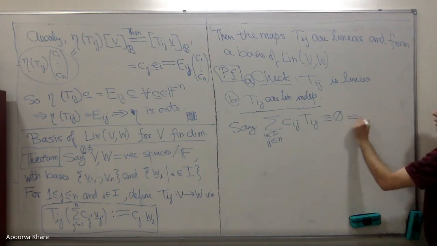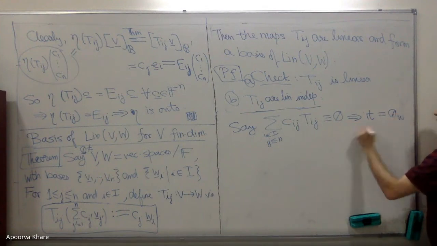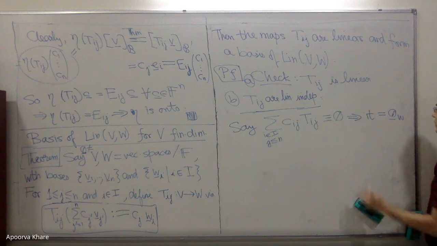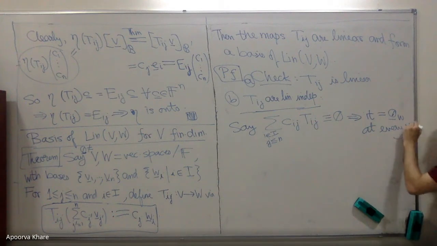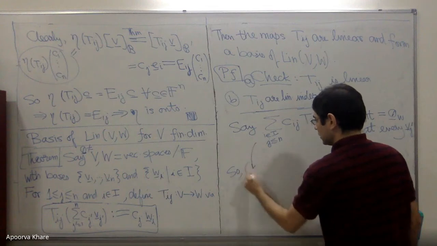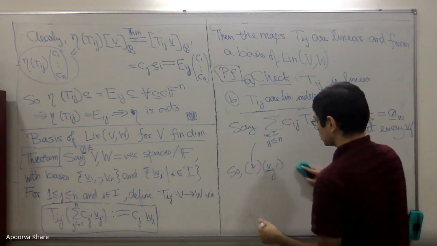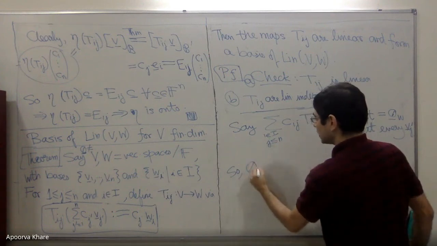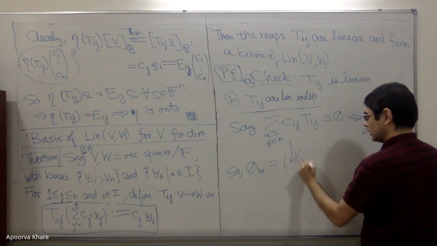So 0 in W equals this summation evaluated at Vj prime.